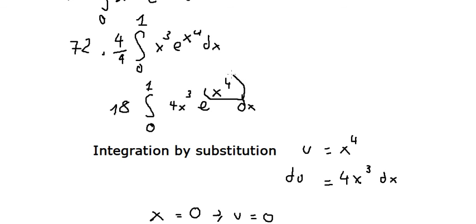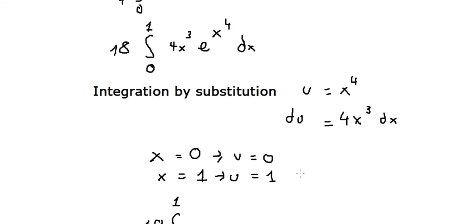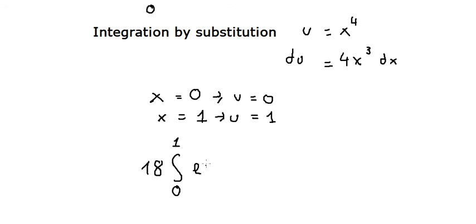s to the power of 4 we change for u. This one with ds we change for du. So you get e to the power of u du. And we get 18 times e to the power of number 1 minus e to the power of 0.